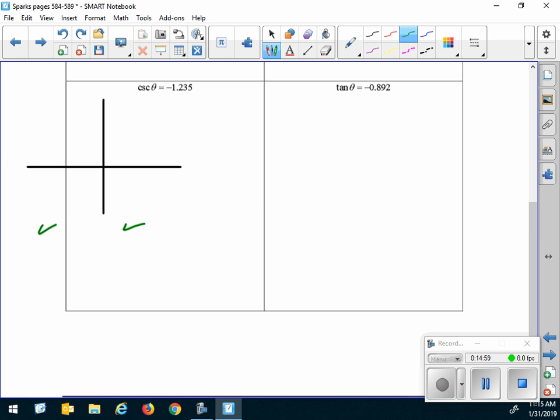You do not have an inverse cosecant button, but you do have a sine inverse button. So I'm going to have to convert this to sine. I do not have a choice. What is the sine of theta? Yeah, that's the sine of theta. So how do I find theta?